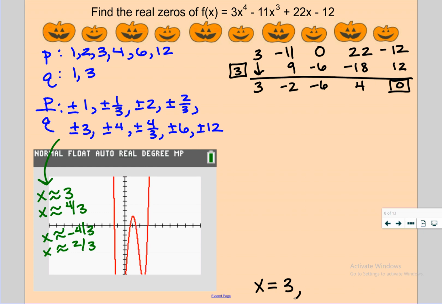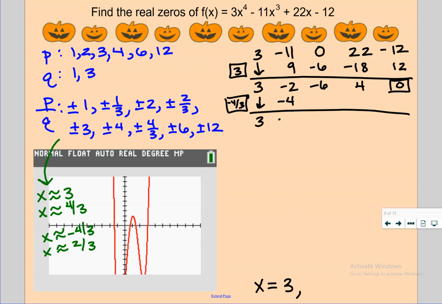So now, pick another number, and we're going to synthetically divide it into those values. What else from my list? I got to use something with a fraction. -4/3. All right, a little more room to write that one. And again, if it doesn't work, we'll just try something else. No big deal. All right, bring my 3 down. What's 3 times -4/3? -4.